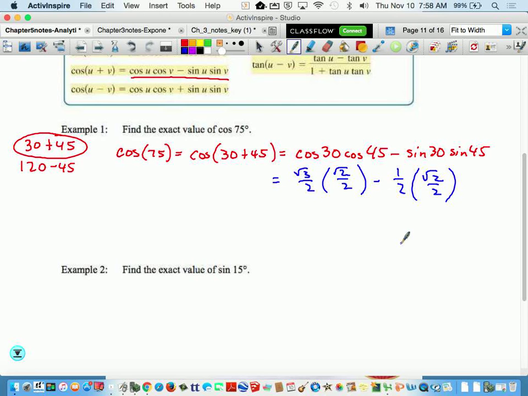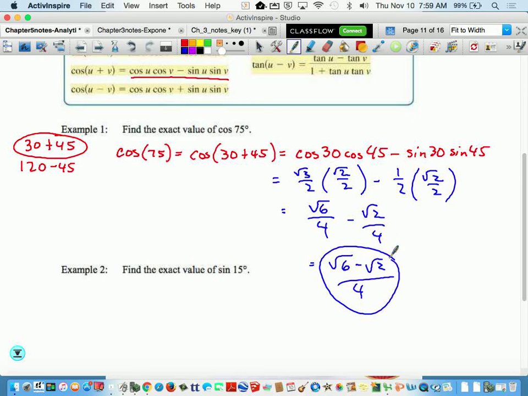And then now when you multiply fractions, you multiply top, multiply bottom. So what's root 3 times root 2? Root 6 over 4. 1 times root 2 would just be root 2 over 4. And so my final answer would look like root 6 minus root 2 all over 4.